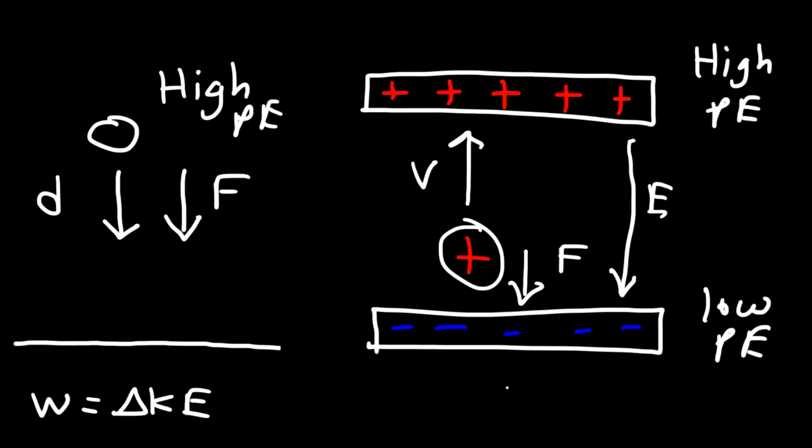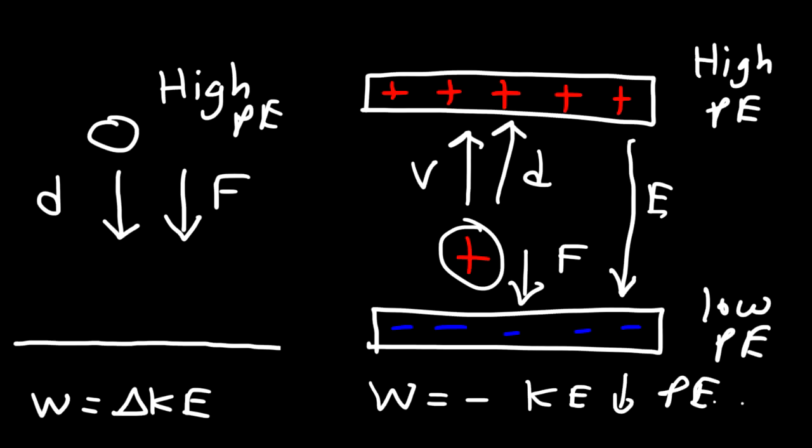So in this case, we said that because the force and displacement vectors are antiparallel, the work done on this charge is negative. And as it goes up, but the force is trying to bring it down, it's slowing down. So the kinetic energy is decreasing, but the potential energy is increasing because it's moving towards a position of high electric potential energy.